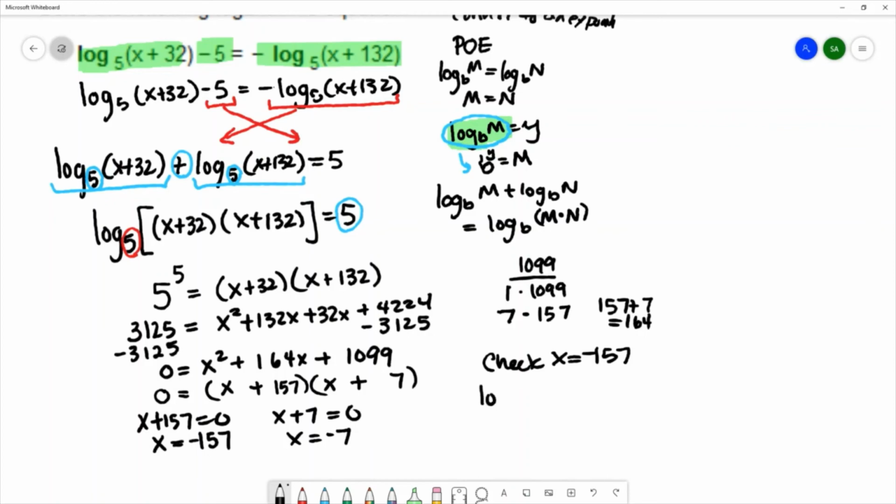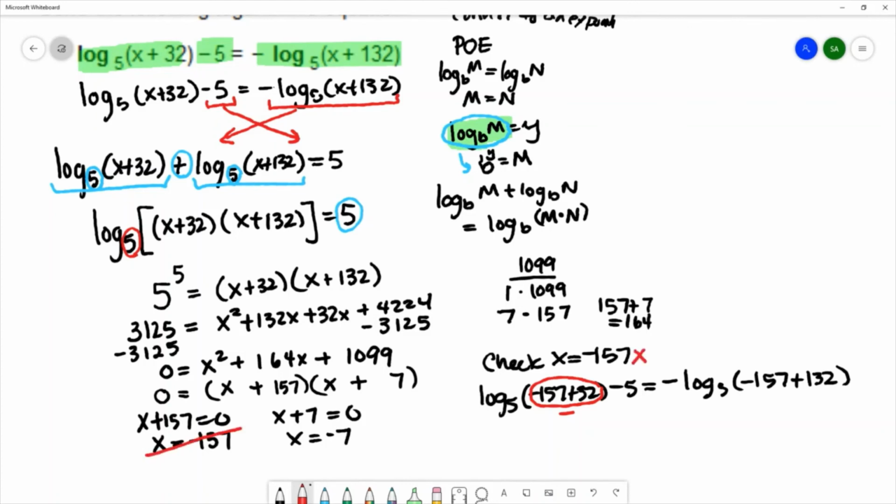So we have log base 5 of (negative 157 plus 32) minus 5 equals negative log base 5 of (negative 157 plus 132), and negative 157 plus 32 will be negative. The log of a negative is undefined. So negative 157 is not in the domain, and we're going to throw that solution away.